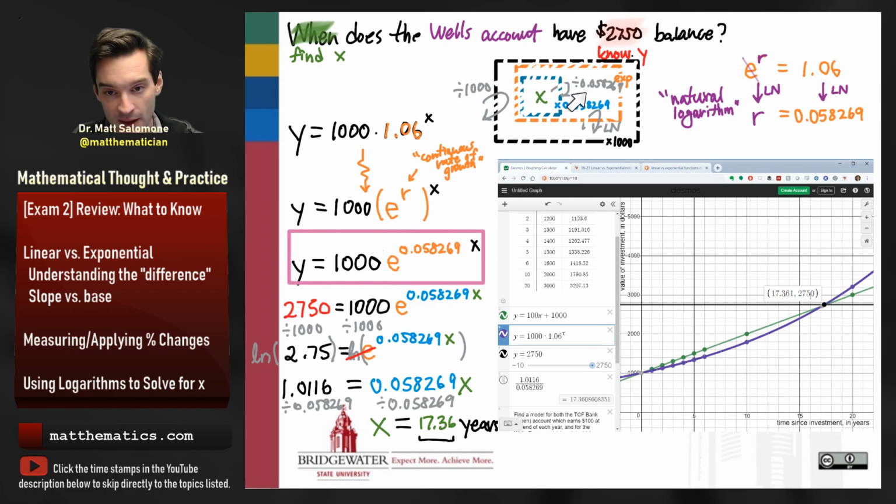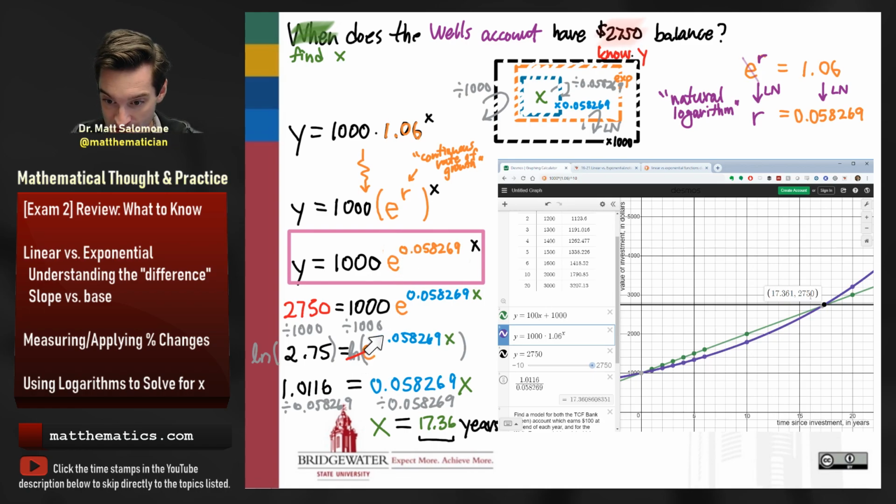That's thing one. And thing two is the role of the natural logarithm. What does it do? The whole purpose of a natural logarithm is to get rid of an exponential expression where the base is equal to e and rescue the exponent from out of that expression.